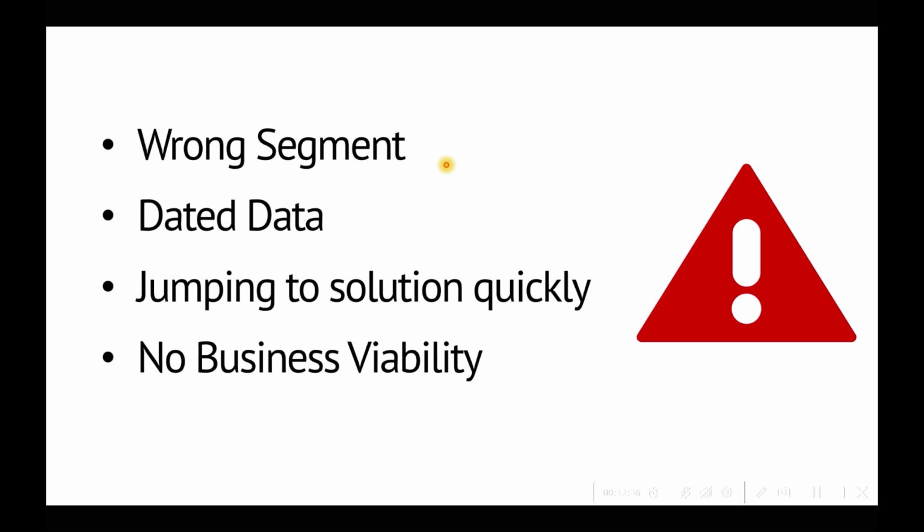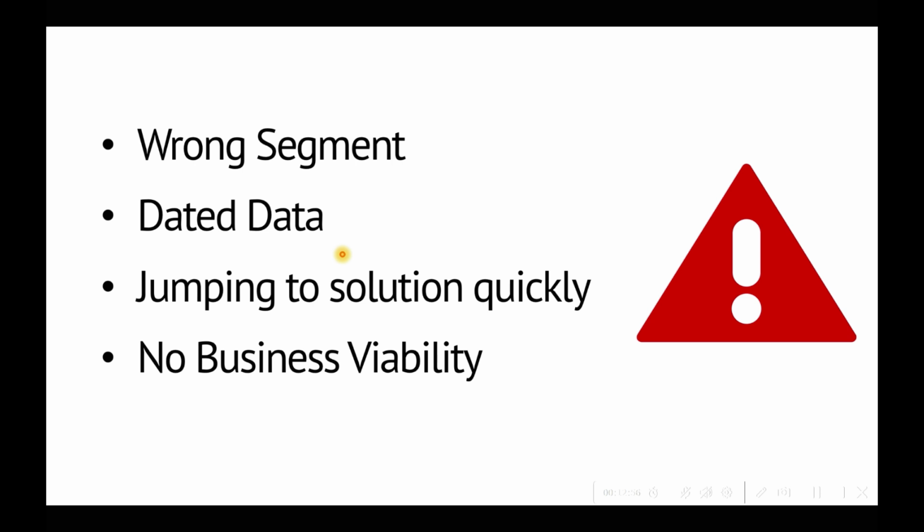Number two is dated data. Probably you are looking at some data insights. Let's say you are trying to solve a problem for your existing customers. You have a working product and you are trying to build a revised version of that product or maybe some new features.